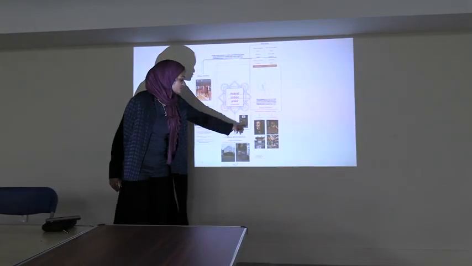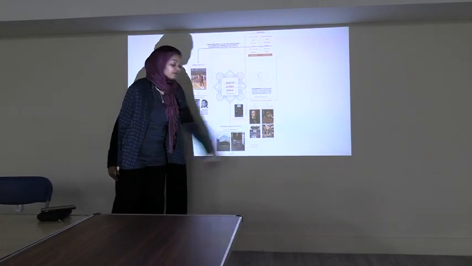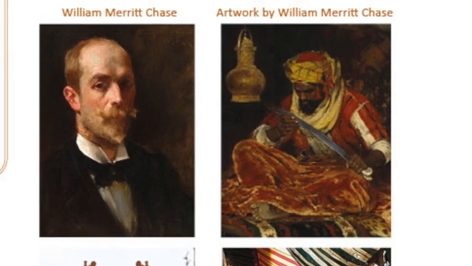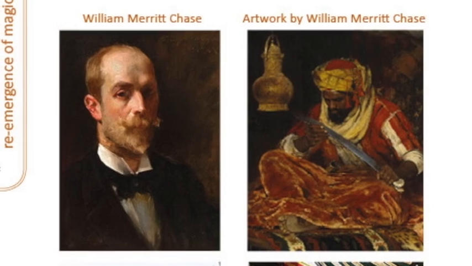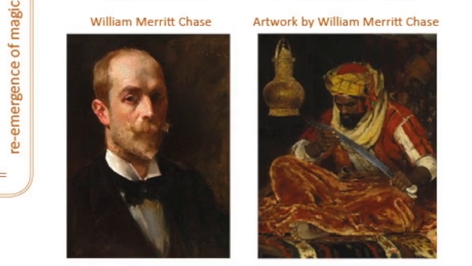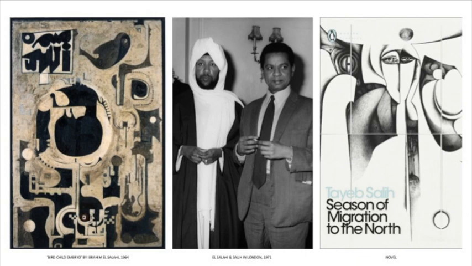And so also on the side here I was looking at Orientalism in painting, in art. So here I have the Orientalist, which is European, that painted his view of what Afro-Arab men were. So this is Tayeb Salih in London in 1971, I believe.